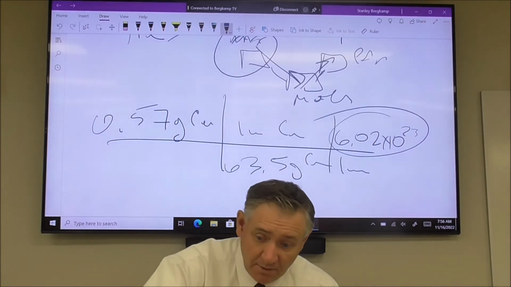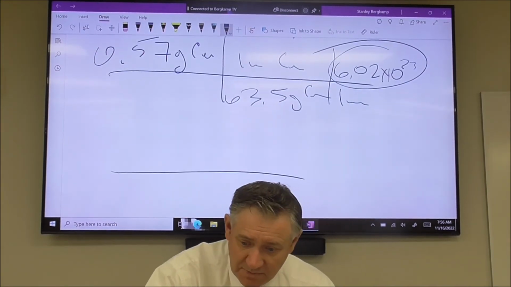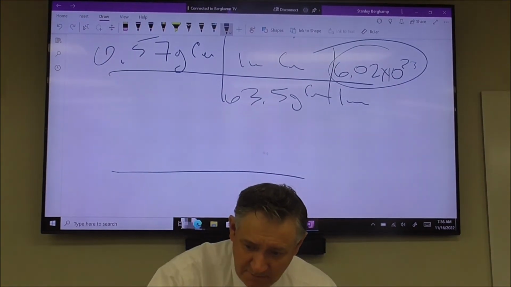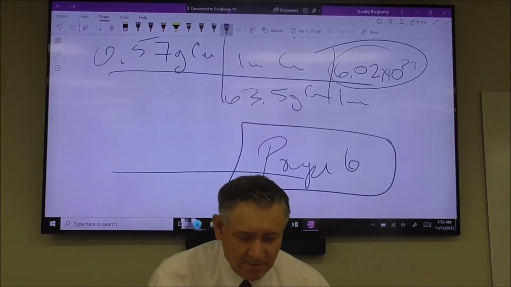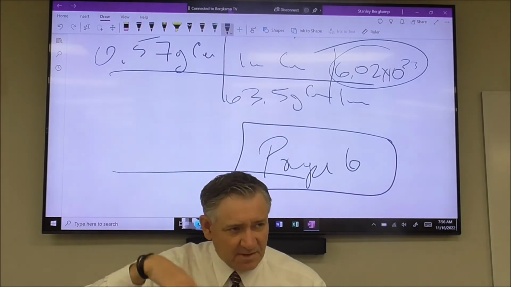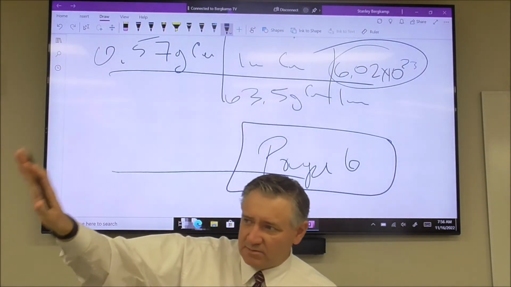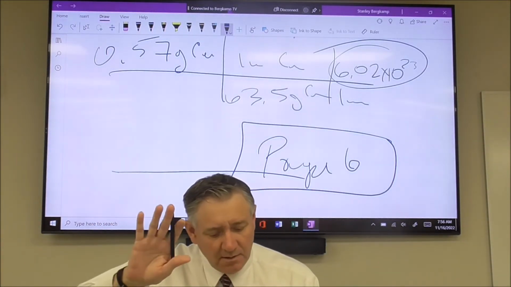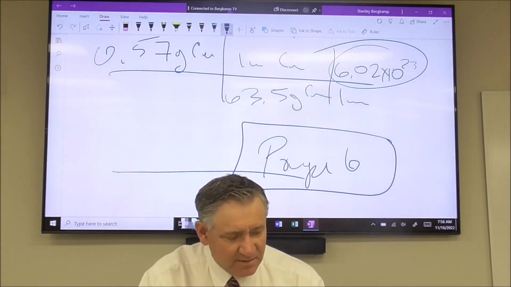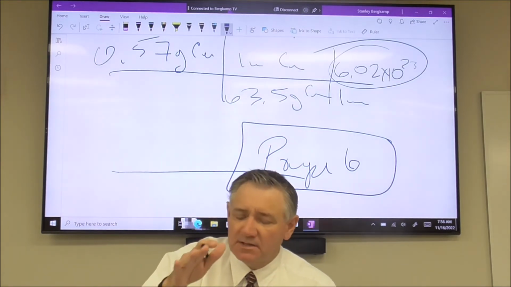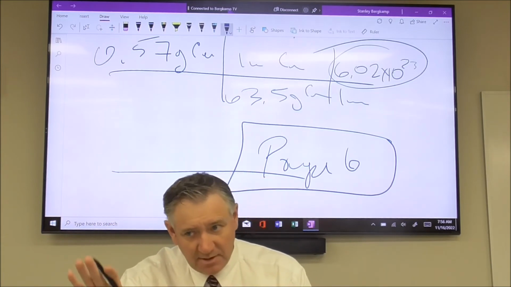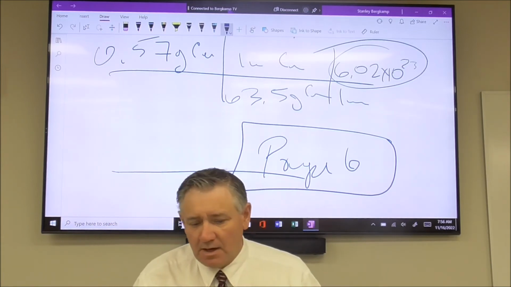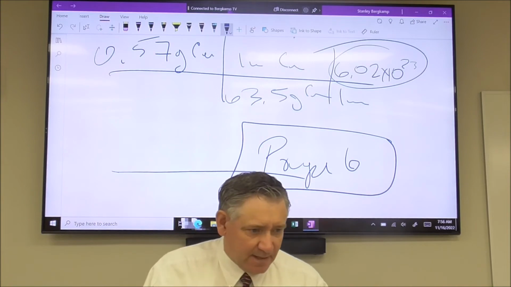So by tomorrow, what I want you to get through is the bottom of page 6 on that packet. Okay? The other ones, we'll talk about the different types of reactions. We'll deal with that more tomorrow. But especially when you get into the combustion of hydrocarbons. So if you can get through the bottom of page 6 for tomorrow and the lab, that's kind of where you need to be. All right, so let's chit chat about the lab.